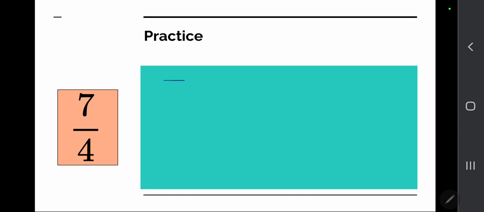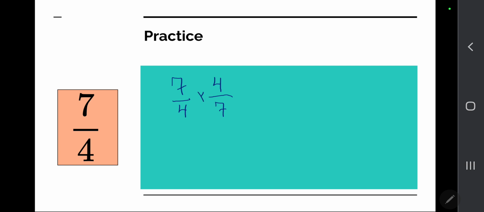7/4. So rewriting this, 7/4, 7 is our numerator. So if we take the reciprocal, 7 will now be the denominator. And given that 4 is the denominator, for our reciprocal, 4 is our numerator. Alrighty.